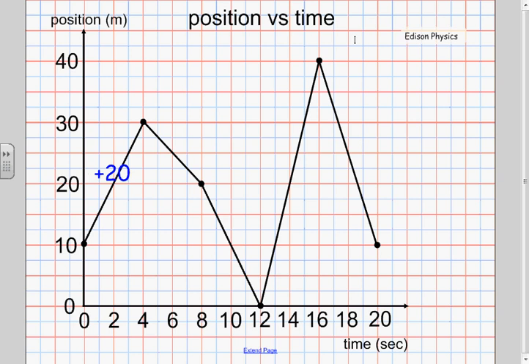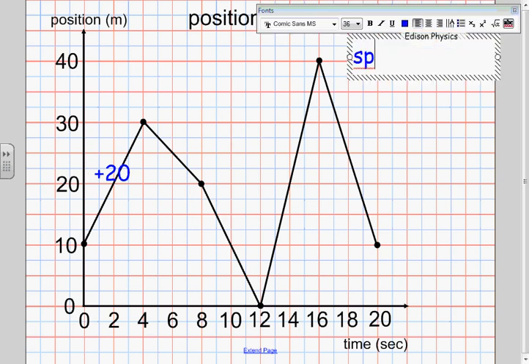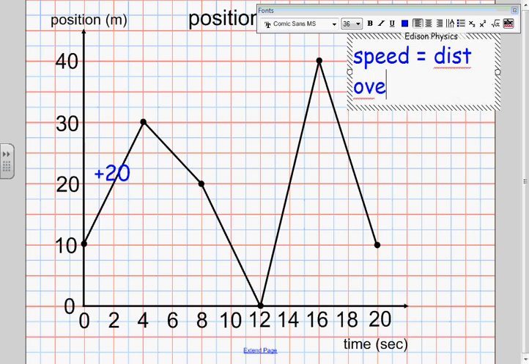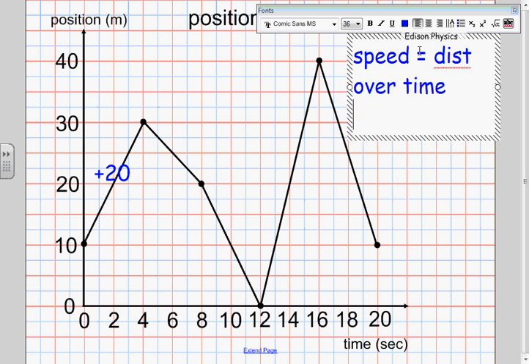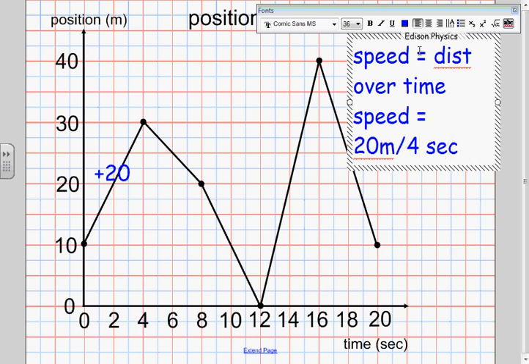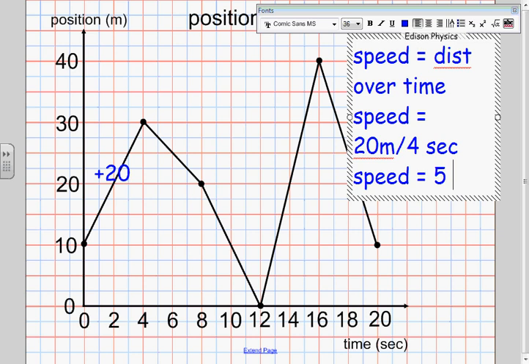So if I want to find my speed, I need distance over time. So speed equals 20 meters, my distance, over 4 seconds. I solve for my speed, I get 5 meters per second.